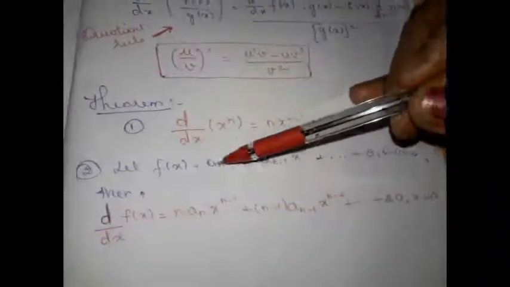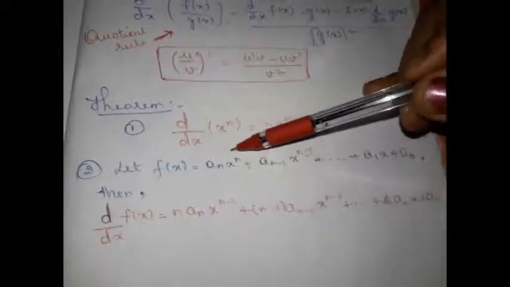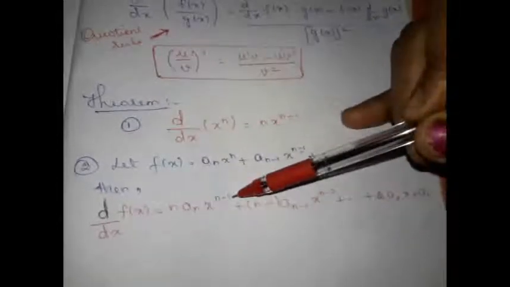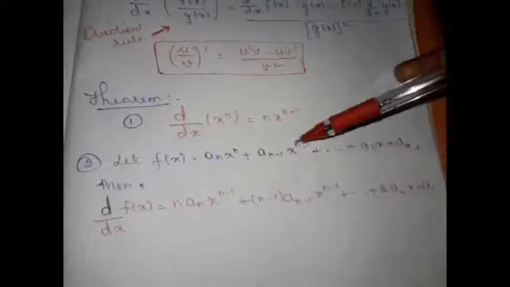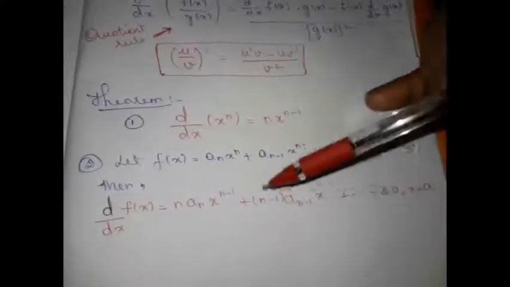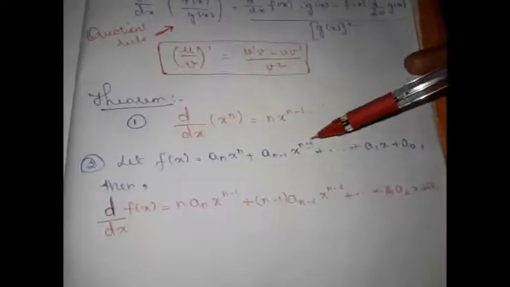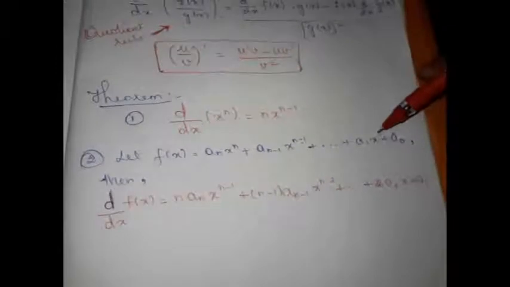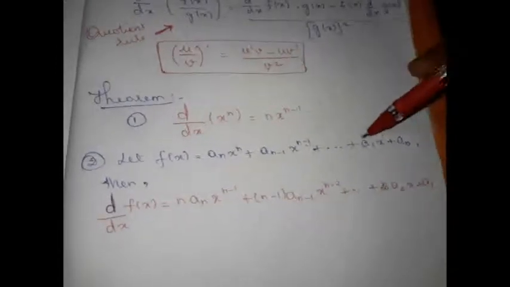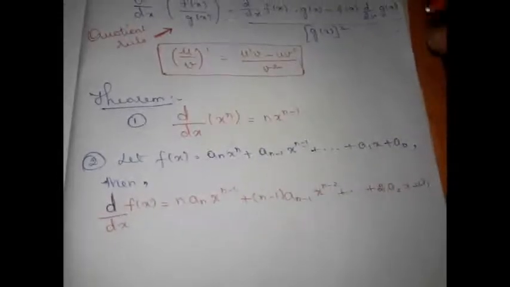a_n x^n, if we differentiate, we get n a_n x^(n-1). Then a_(n-1) is a constant, and x^(n-1) differentiated gives (n-1) x^(n-2), plus etc. a_1 x, if we differentiate, x means power 1, so 1 times x^(1-1), which is x^0, and anything to the power 0 is 1.